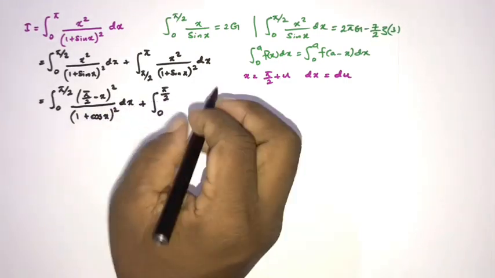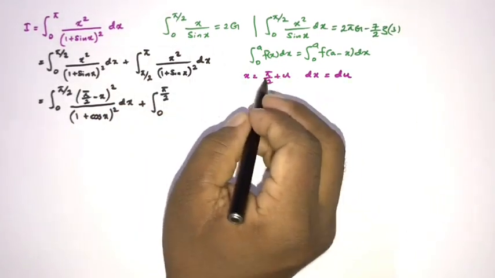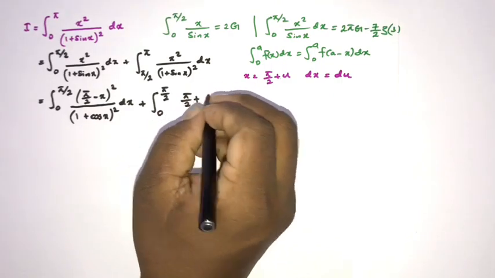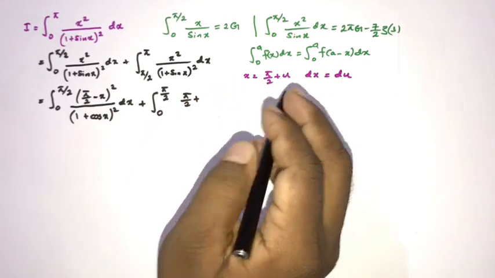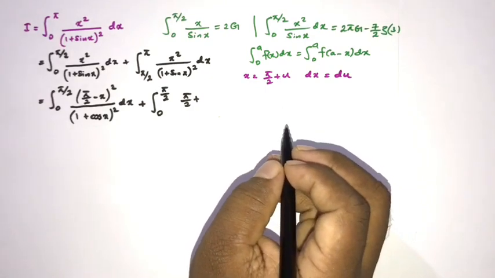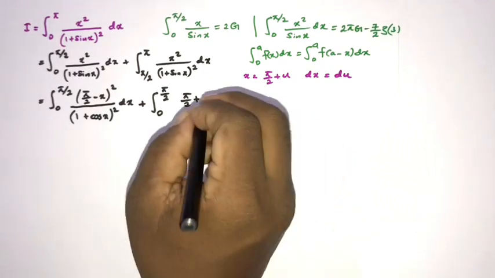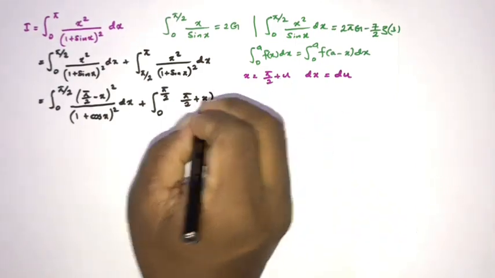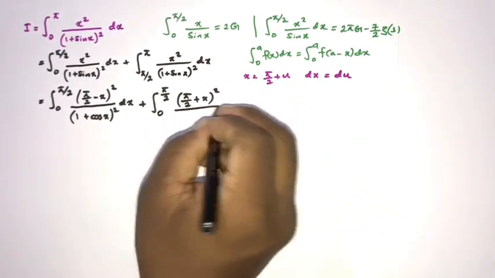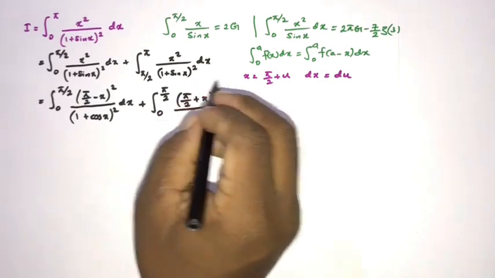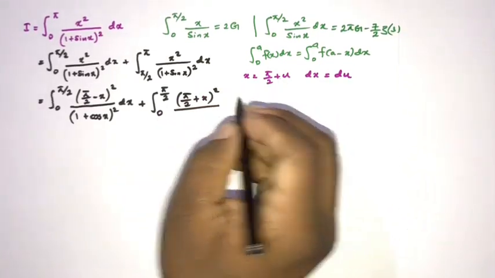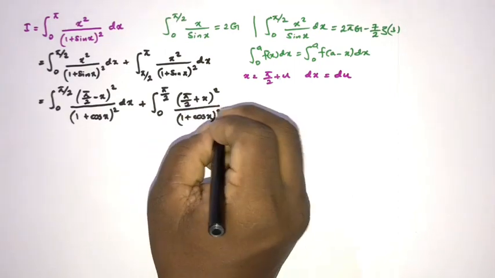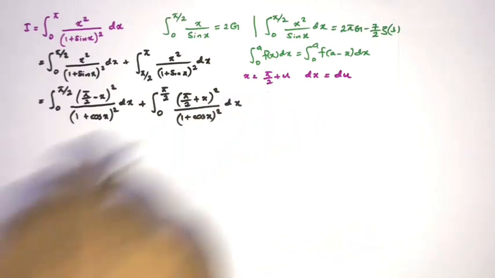Now x square, x we know is pi over 2 plus u, so (pi over 2 plus u) squared. But we know the definite integral is independent of the variable, so we can plug in x instead of u. So here x, here 2, and here sine of (pi over 2 plus u) is cosine of u, so we can write (1 plus cosine of x) squared dx.